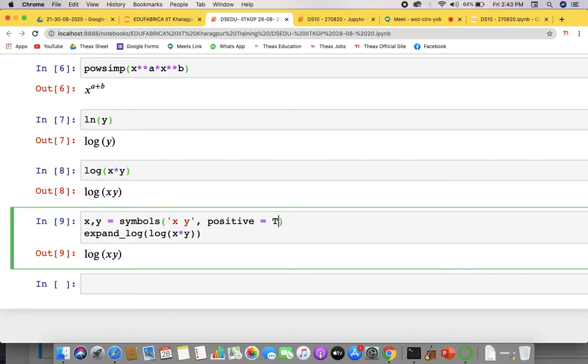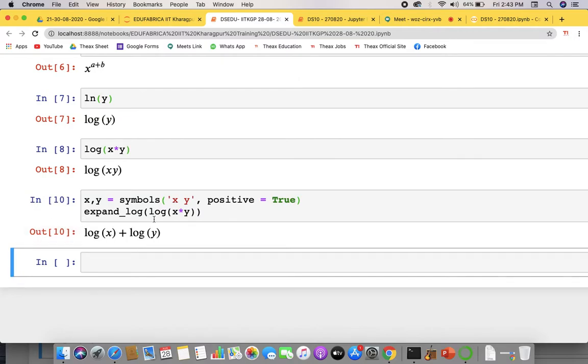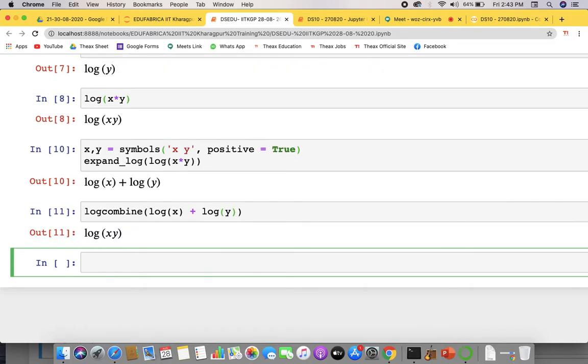So positive equals true, and you'll be getting the output now. Now if you have any log expression and you want to combine it, then you can use log combine. Let's say you have the expression log of x plus log of y, so this gives log xy.